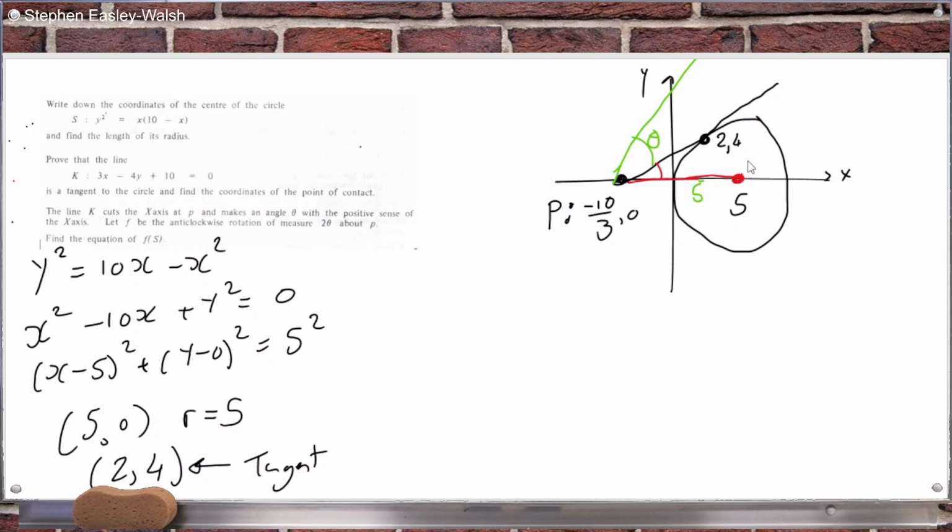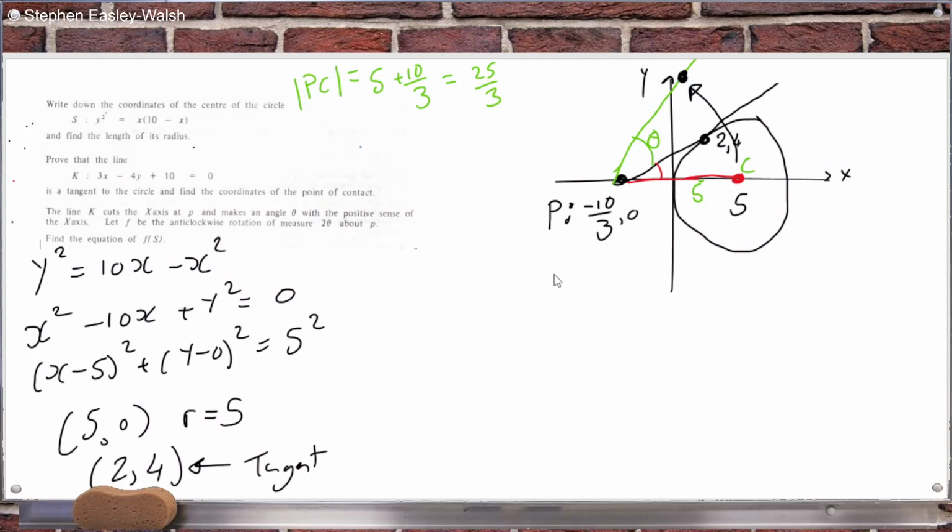So I'll call that center, I don't think it has a letter yet, C. So the distance PC will be 5 plus 10 over 3, which should be 25 over 3. So I'm out here, swings up there.